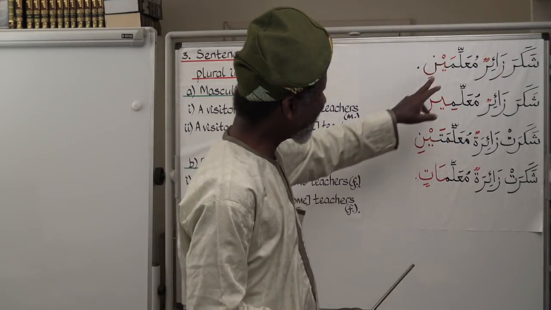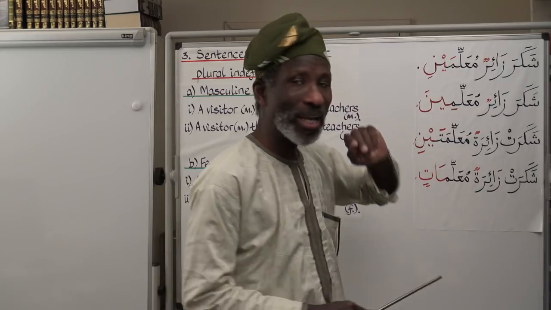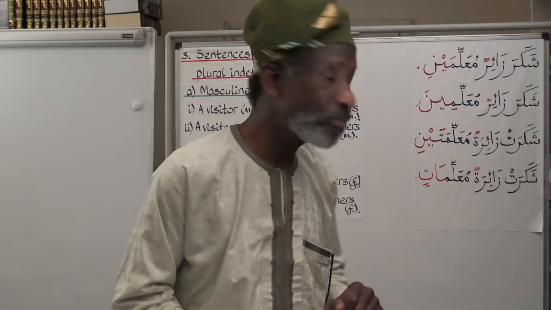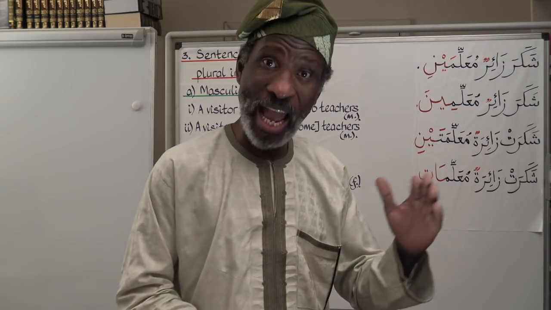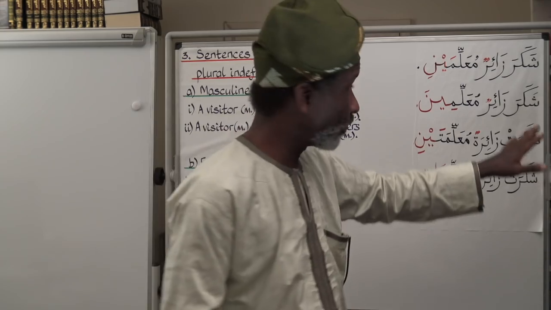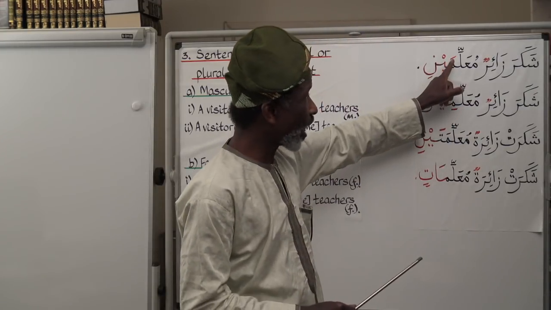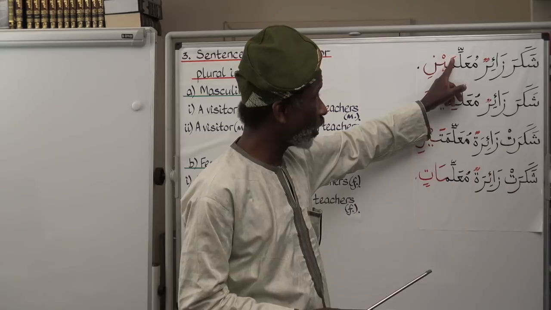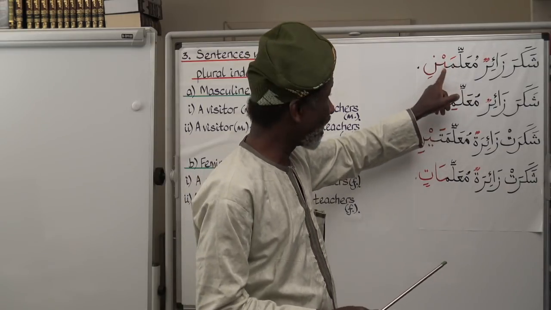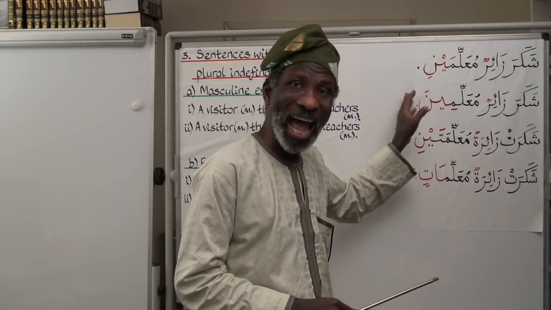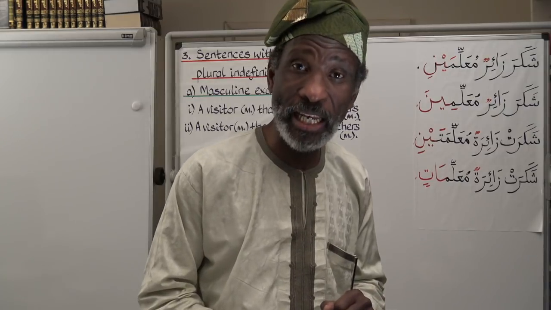Look at the case ending when we are dealing with the object in the dual. It is carrying an ending. If we have the subject in the dual, that will be zairani, an ending, but the object will carry ain. We have fatha on the last letter of the original muallim, and then ya with sukun and the ni, muallimaini.